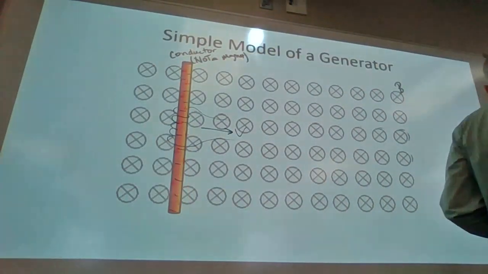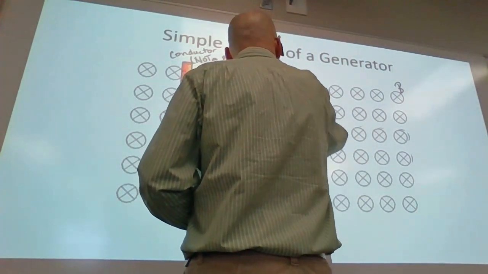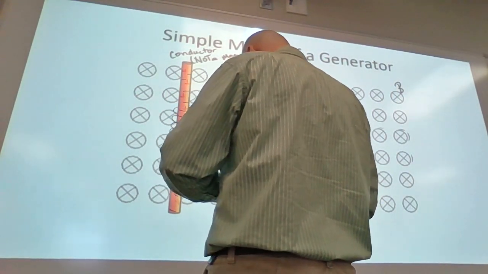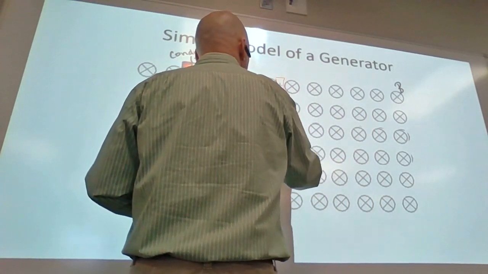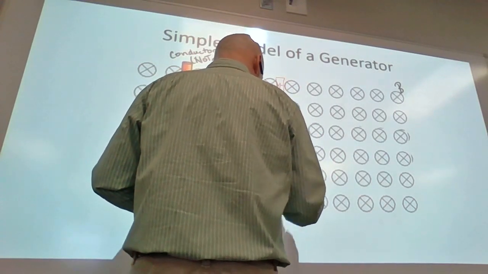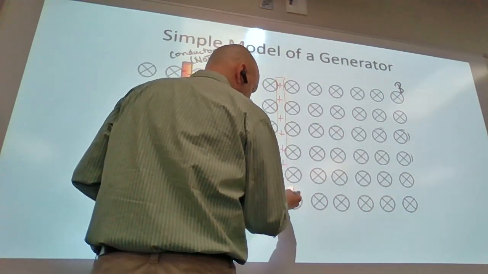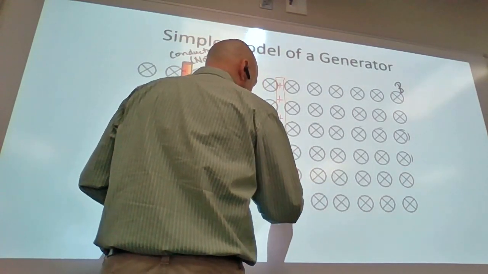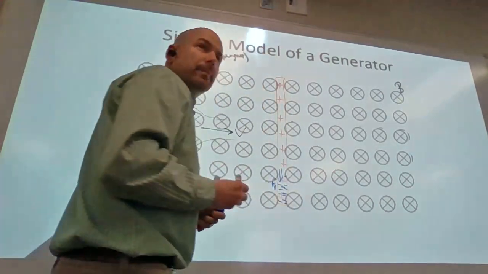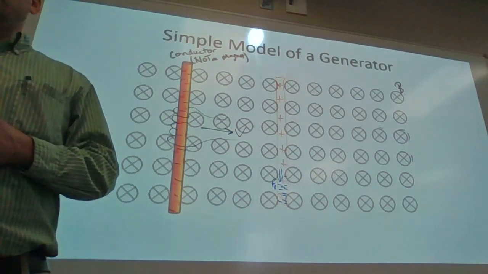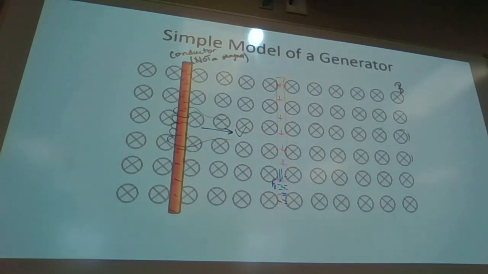Okay? So the consequence of that is you've got this conductor, protons are just there, but the electrons are being forced down. If you were an electron, where would you rather be? Top or bottom?